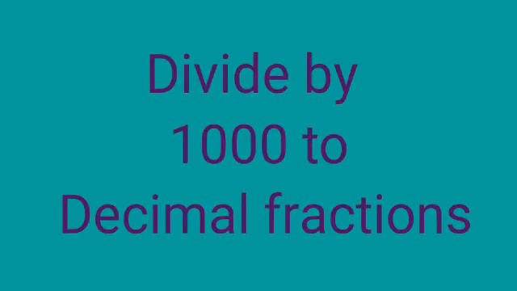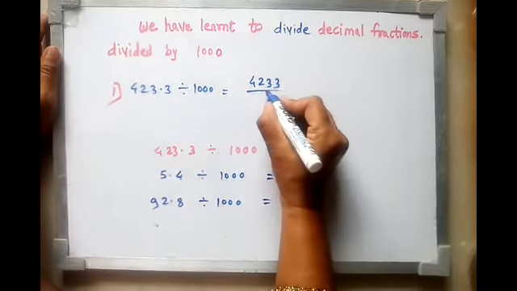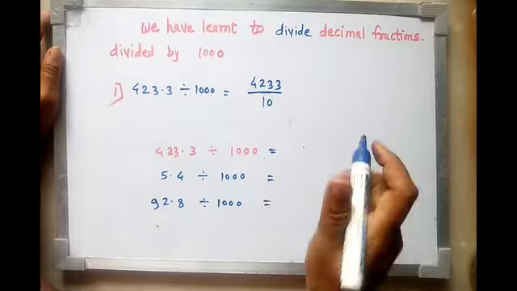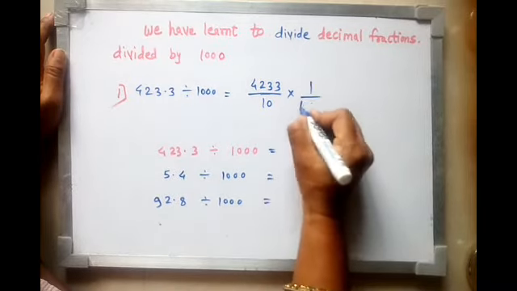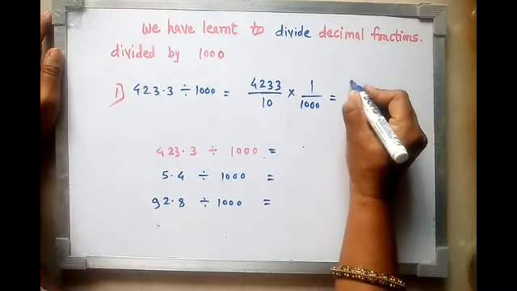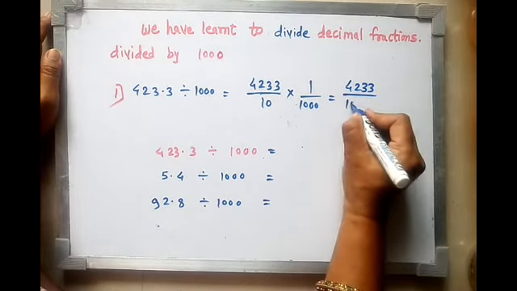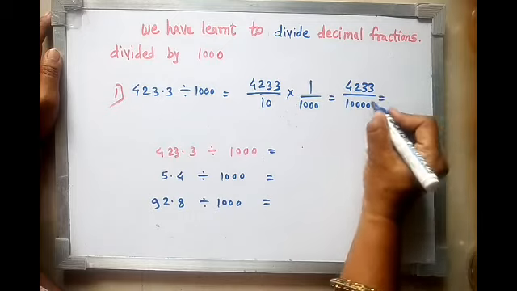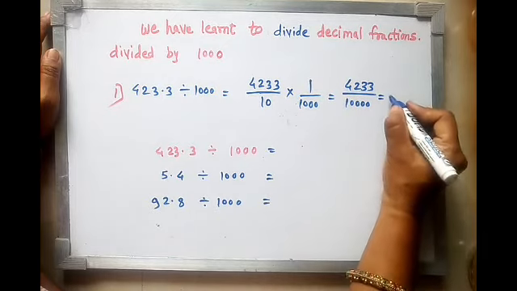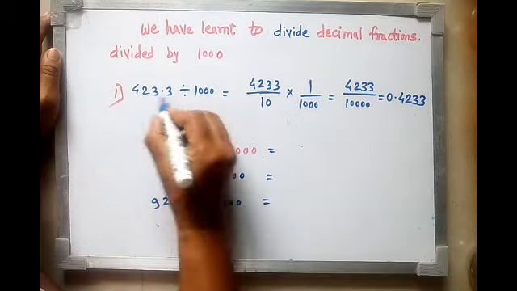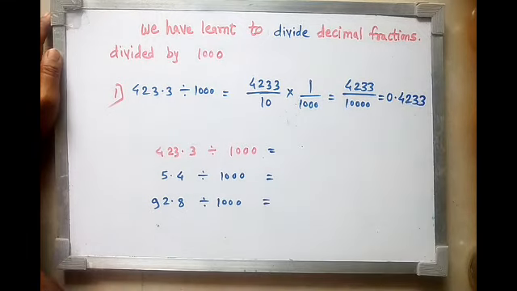Next, divide decimal fractions by 1000. We have learned to divide a decimal fraction by 1000. I write one example. 423.3 divided by 1000. Denominator is 10,000. 0.4233.